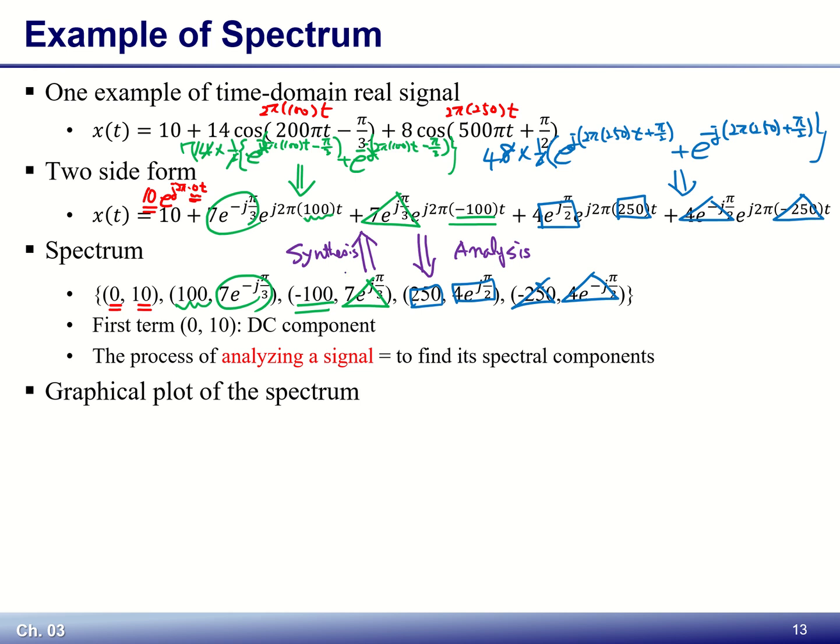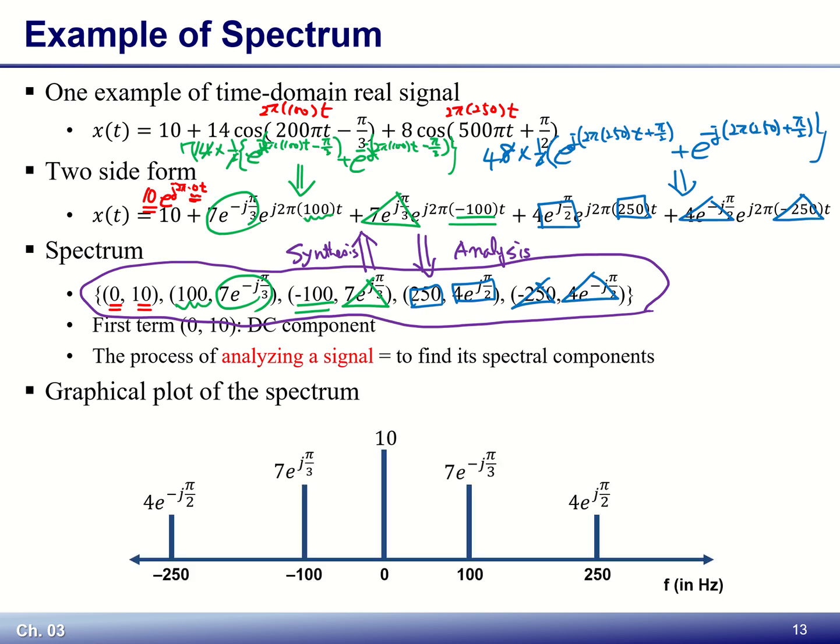Okay, when we have spectral components like this, we can draw a graph of a spectrum like this. So here, zero frequency will have a 10 amplitude.